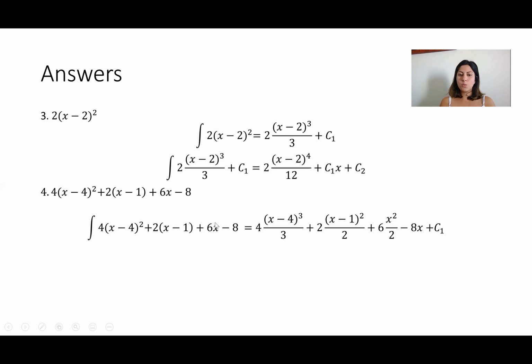And then the next one is 6 times x. It becomes 6 times x squared divided by 2. The last one is minus 8. It is a constant, so that would be minus 8 times x plus c1, which is a constant.